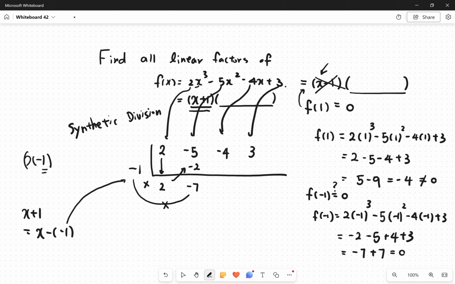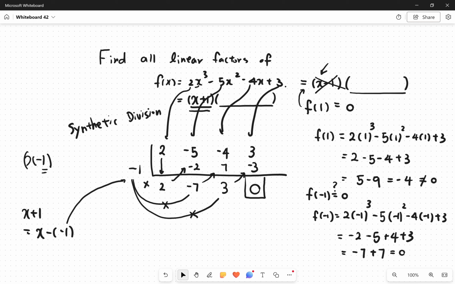We multiply these two numbers and write down here, which is 7. Then we add negative 4 and write down below 7. So negative 4 plus 7 is equal to positive 3. Then once again, we multiply these two numbers and write down here, which is negative 3. Then if we add the two numbers, we get 0, and let me isolate the 0 from the other numbers.